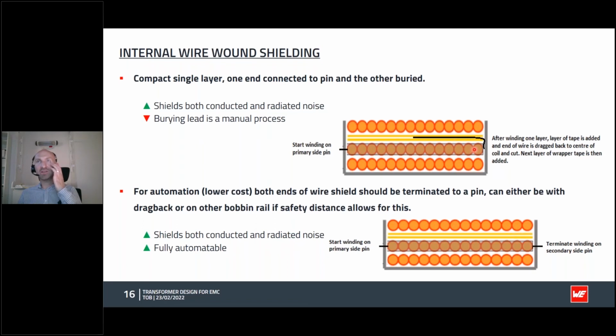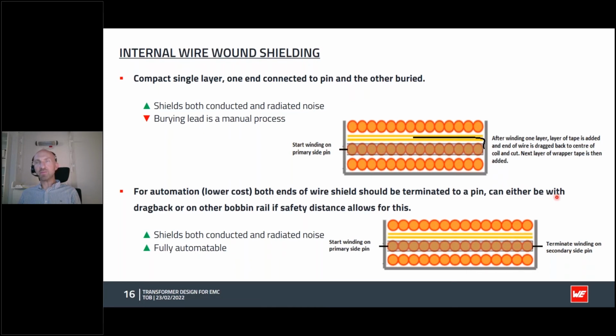And then one way to finish that is to bury the end of that shield in between some layers of tape. That's not the most optimal way because, again, it's typically a manual process. Of course, we need to connect the other end to the primary side to one of our quiet nodes, so ground or VBus, and then the other one is left floating.